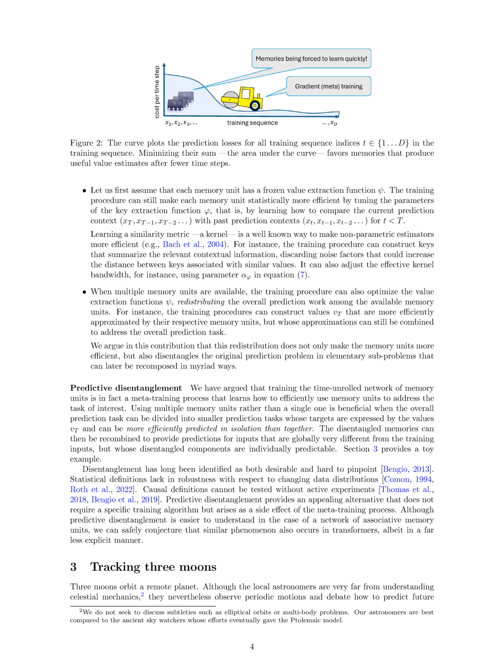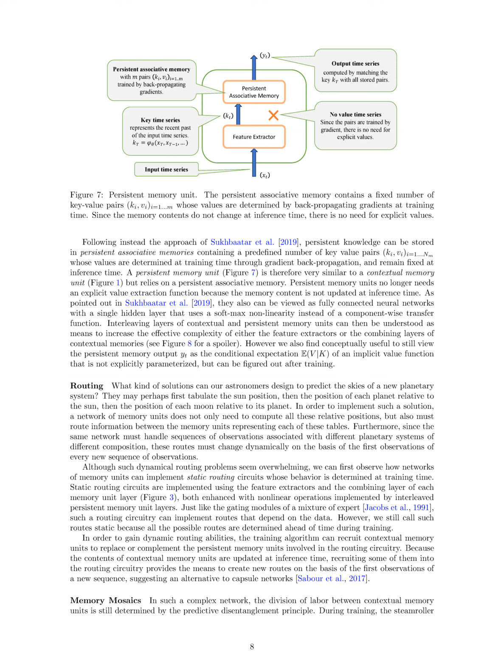Memory mosaics also aim to optimize the efficiency of memory units by redistributing the prediction work among available memory units and adjusting key extraction functions to compare current and past prediction contexts effectively. Ultimately, the goal is to create a model that not only memorizes information, but also understands how to combine and reassemble this information in various ways to make accurate predictions.